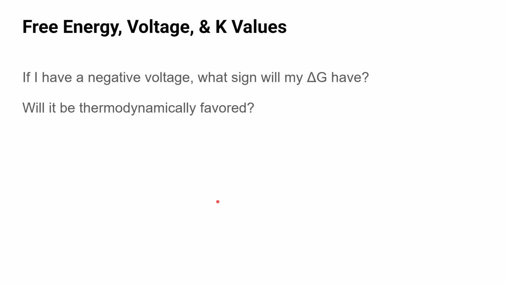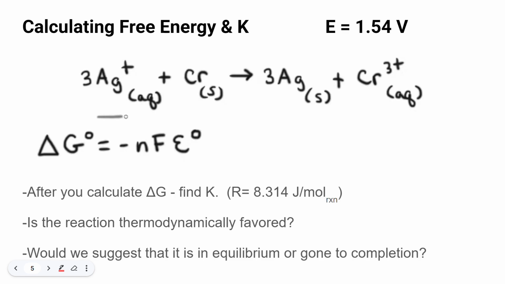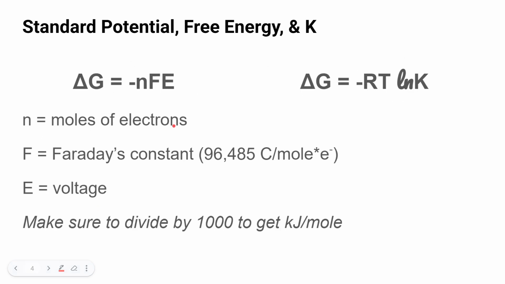If you have a negative voltage, what will the sign of my delta G be? Let's go back to this equation. Let's pretend that our E is a negative voltage.